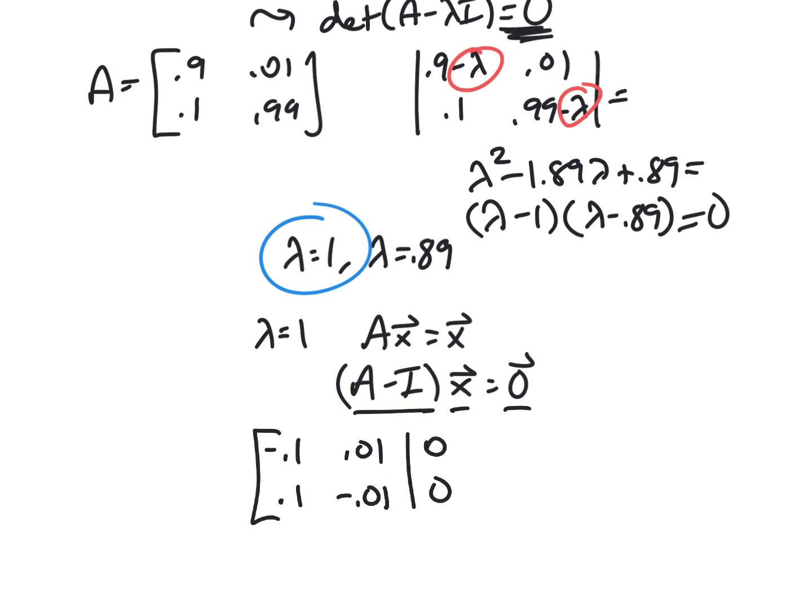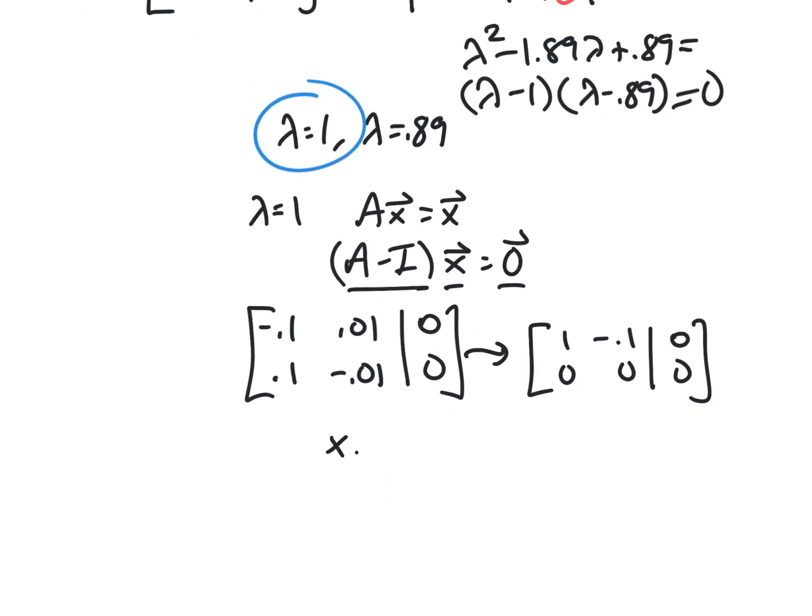And then we would augment with 0, 0. If you go to the reduced echelon form, which is just like 2 steps, pretty simple because these are multiples of one another, you're going to get 1, negative 0.1, 0 in the first row. And so we would say that x1 minus 1/10 x2 is 0, and so x1 is 1/10 of x2, or x2 over 10.